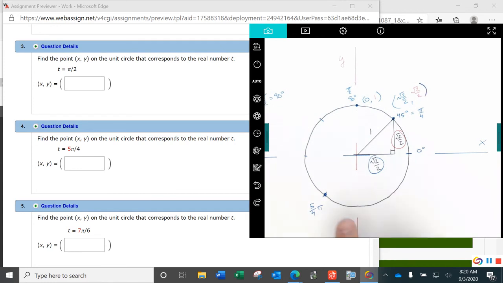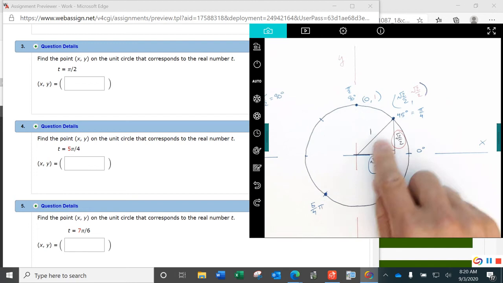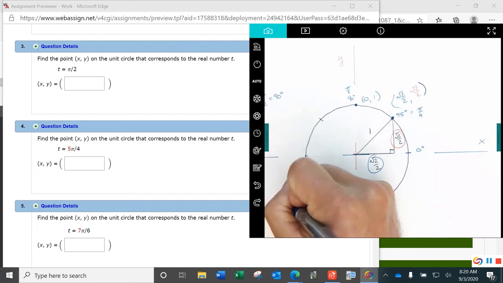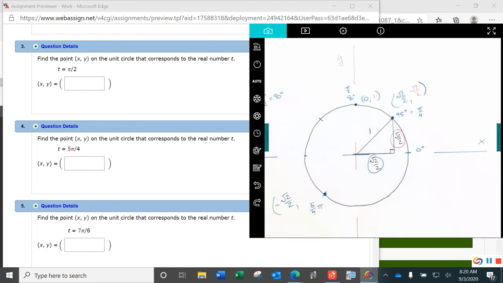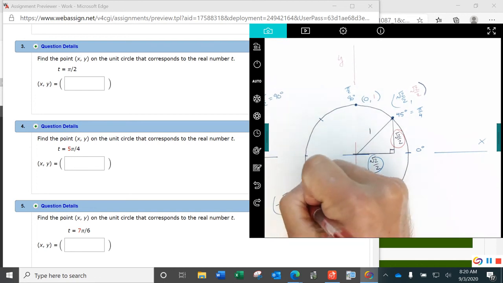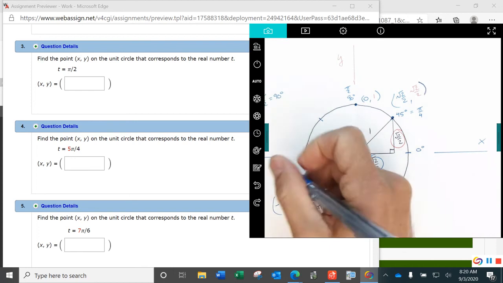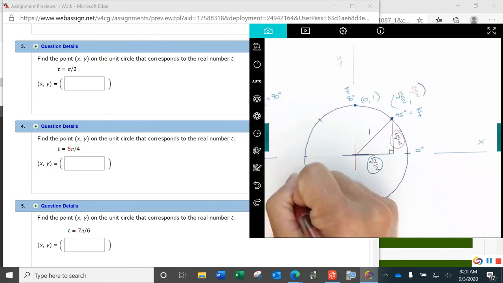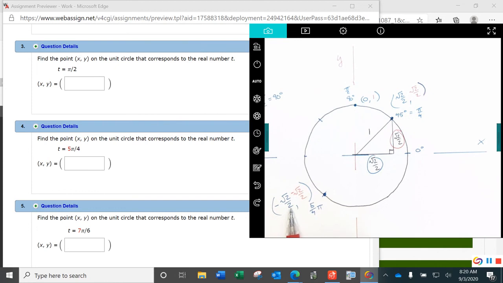So when we look at this point over here, the x coordinate is negative. Well, the y coordinate is negative also, but this will be a real easy one for us. Oh, hold on: negative square root of 2 over 2, comma, negative square root of 2 over 2, because this is quadrant 3.